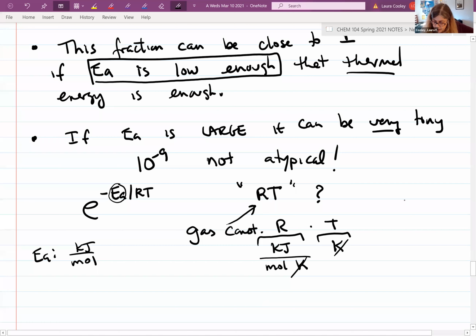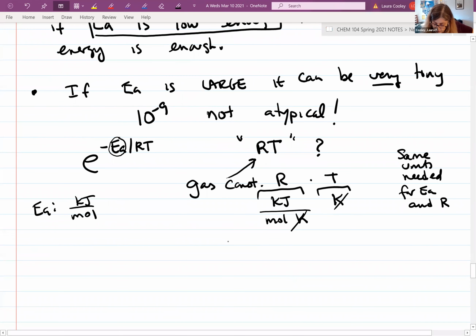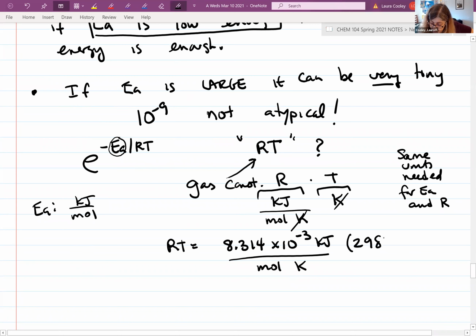You need to have the same units for EA and for R. So that number is 8.314 times 10 to the minus 3 kilojoules per mole Kelvin. If we're talking about room temperature, it's 298 Kelvin.